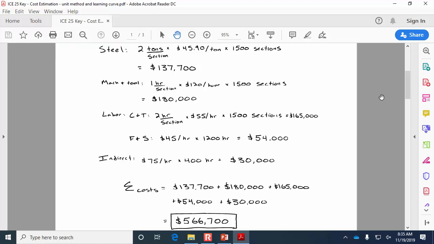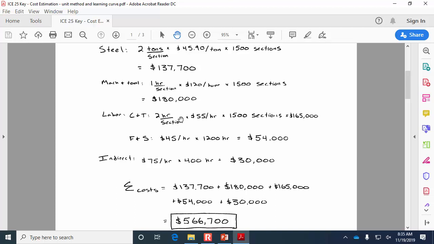When we're doing the unit method, we're just breaking down the project into as many pieces as we can think of and then estimating the cost of each one individually. That way, if we've made a mistake in one particular category, it doesn't necessarily affect the others.